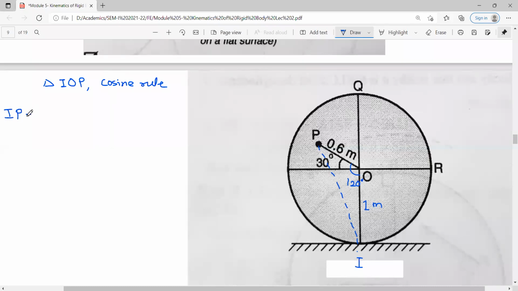IP is equal to the addition of the squares of the remaining two sides, that is OP square plus IO square, plus 2 times OP into IO, into cos of the angle between these two sides. So that is equal to 120 degree.